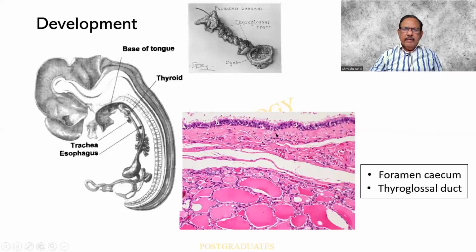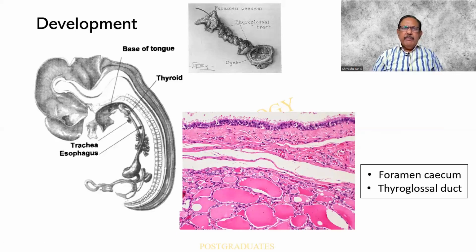This is again the development of the thyroid, because the thyroglossal cyst is not uncommon. You would have already seen and diagnosed it, arising from the foramen cecum, which occurs at the junction of the anterior two-thirds and the posterior one-third. And it goes down up to the level of the isthmus. After the embryology is over, it disappears.